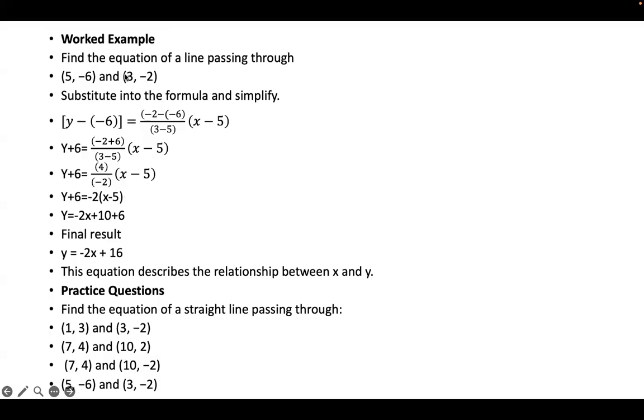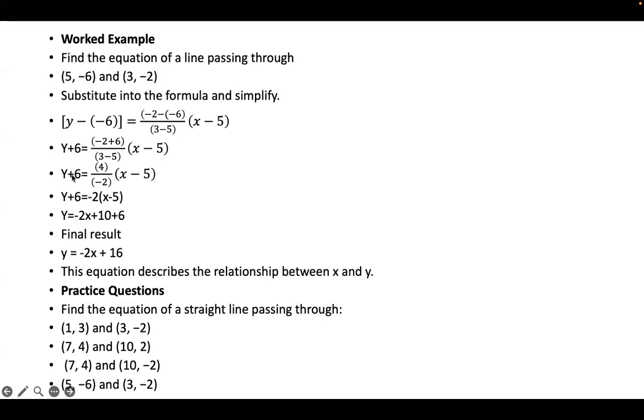Then x1 minus x2, 3 minus 5 gives us negative 2, multiplied by x minus 5. Therefore, y plus 6 is equal to negative 2 plus 6 over 3 minus 5 multiplied by x minus 5.